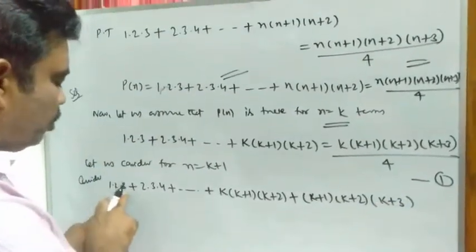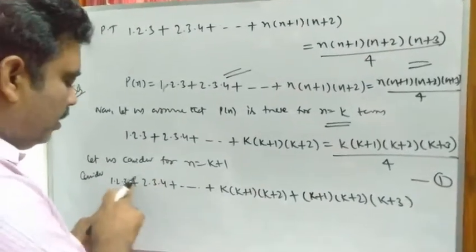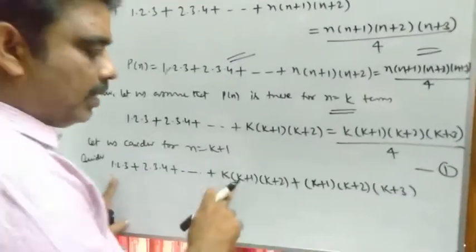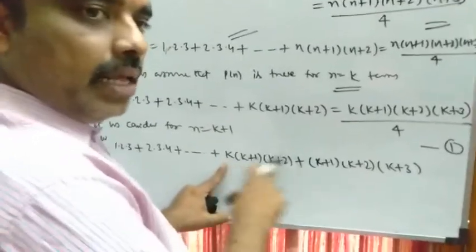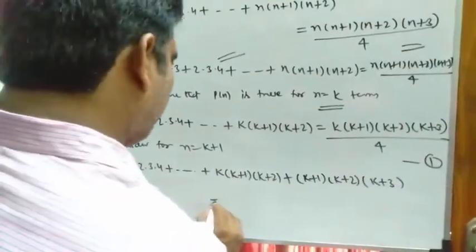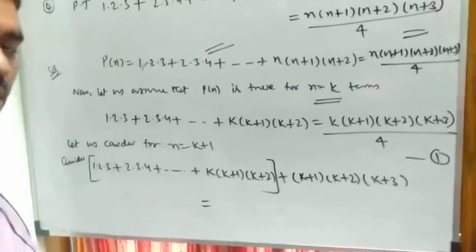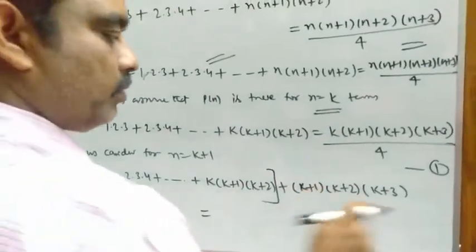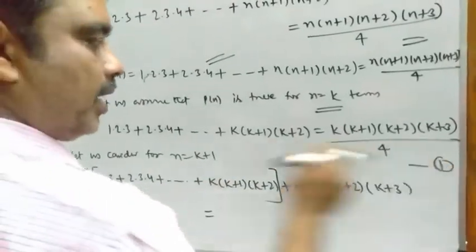In the first term 1 into 2 into 3, 1 increments to 2, 2 increments to 3, 3 increments to 4. Like that here, k increments to k plus 1, k plus 1 to k plus 2, k plus 2 to k plus 3. Here I can divide for our convenience: this is the k plus 1th term, and this is up to k terms.